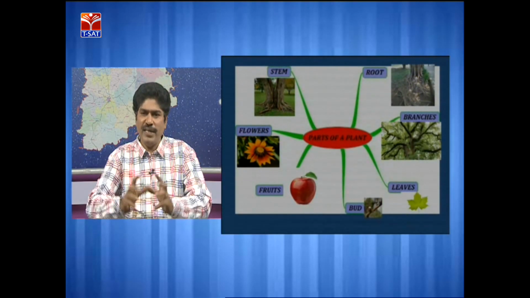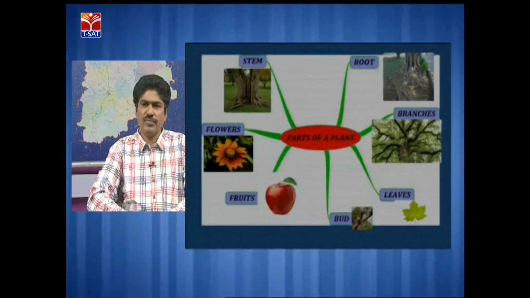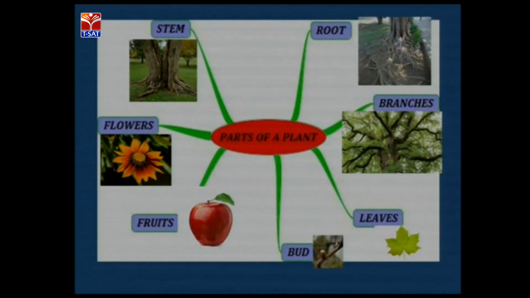Parts of a plant. For example, you have chosen that. You may ask students, what do you know about plants? Tell me different parts of a plant. Students have knowledge. They come to school with some previous knowledge, prior knowledge.